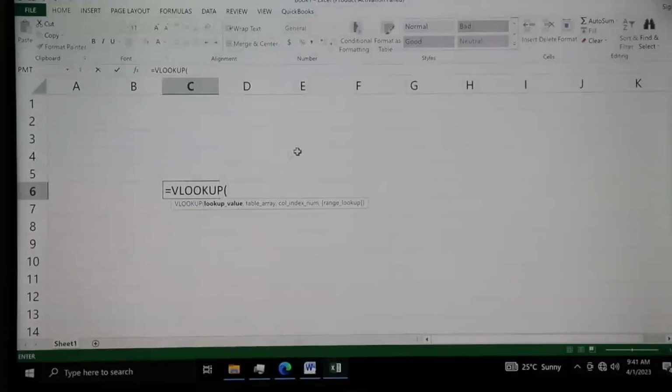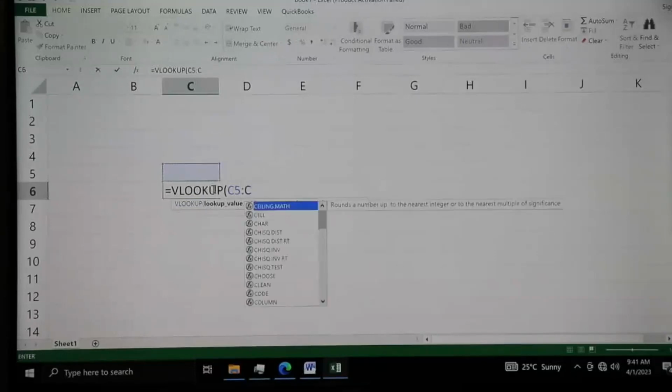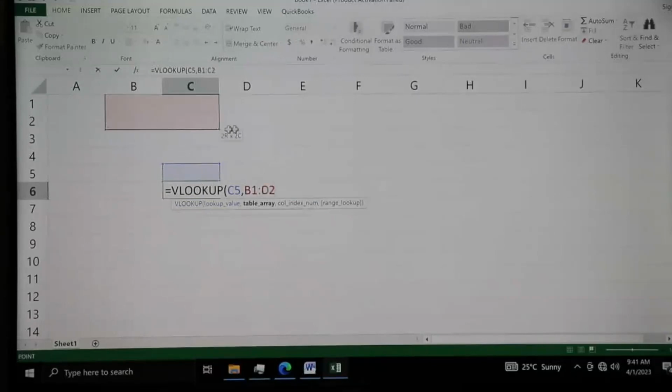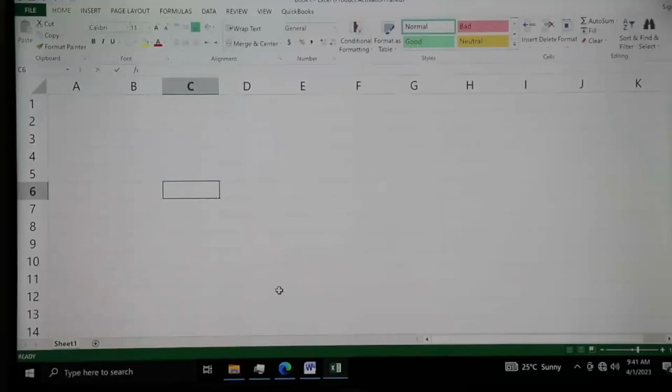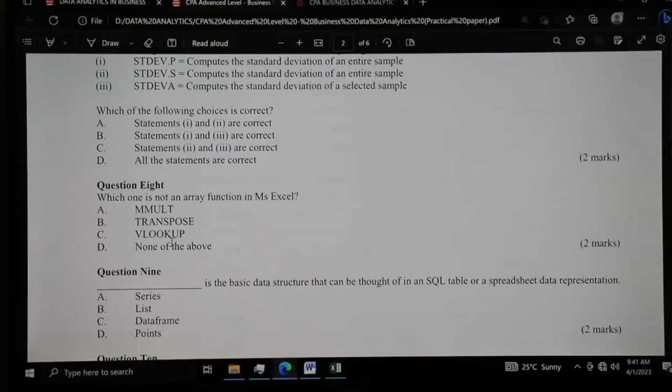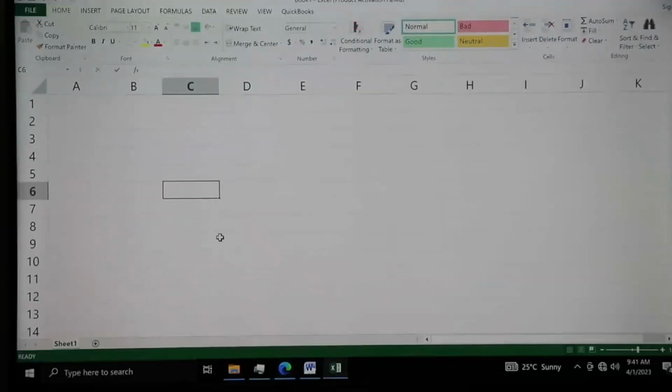An array here means that when you're working in an array, you'll be referring to a range of cells. That is what we call an array, a range of cells, the table array. So that again is an array function. Then if you proceed to the next function, that is transpose, again you have an array, because the transpose will help you to convert the vertical range, where range represents again an array.